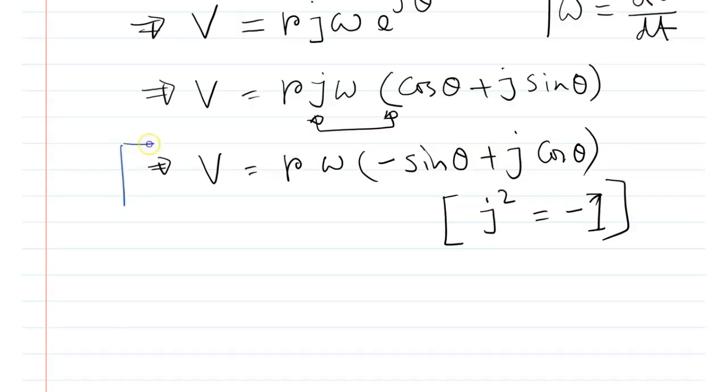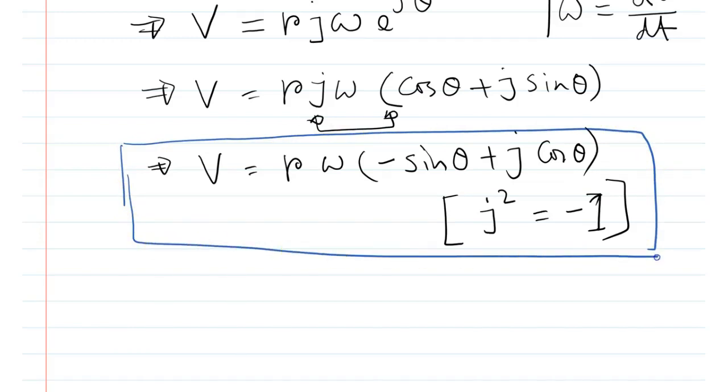Alright, so this is our generalized linear velocity equation for any point or any pin joint.